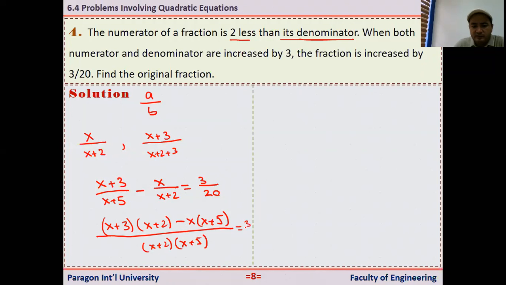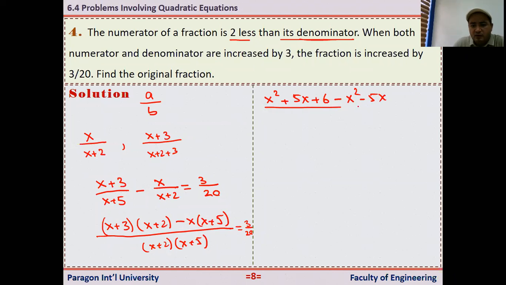On the right-hand side we have 3 over 20. Now if you expand and simplify, here we have x squared, and 2x and 3x, that is 5x. 3 times 2 is 6, minus x times x, x squared, and x times 5, minus 5x.